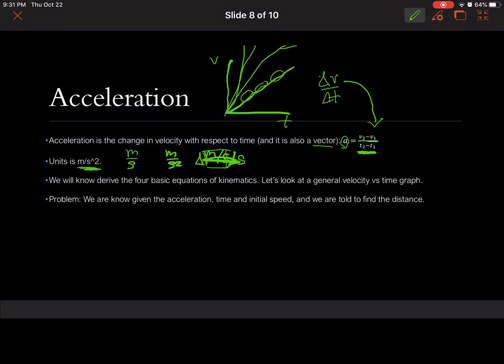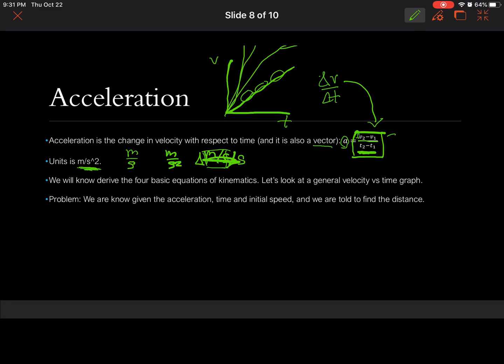Also, if this value turns out to be negative, that means you're slowing down. That's called deceleration. And if this value turns out to be positive, then it's called acceleration. And if acceleration is 0, then v2 minus v1 must be 0, because time cannot be 0.